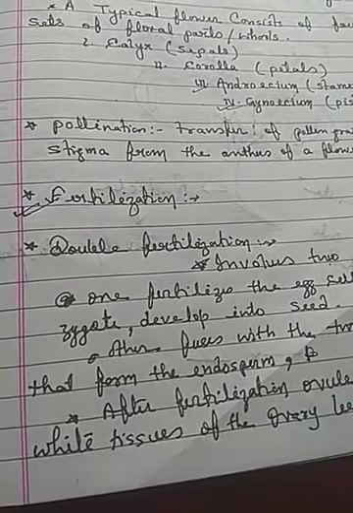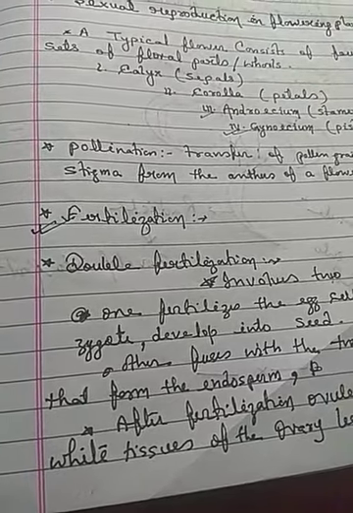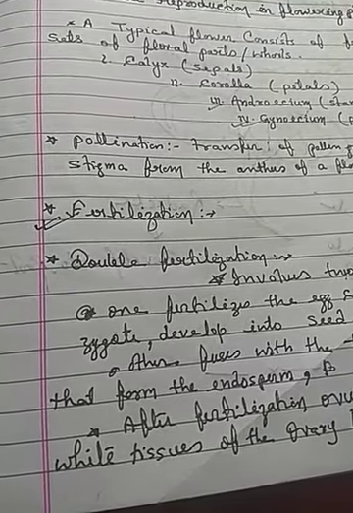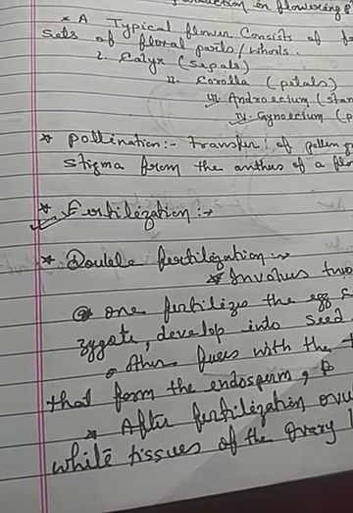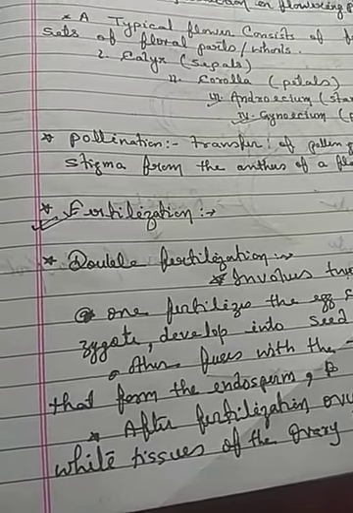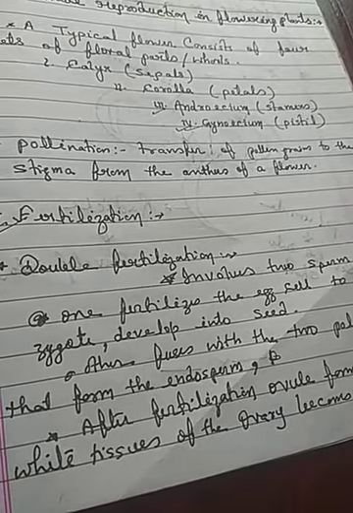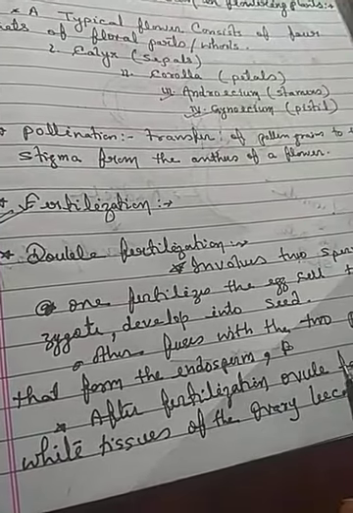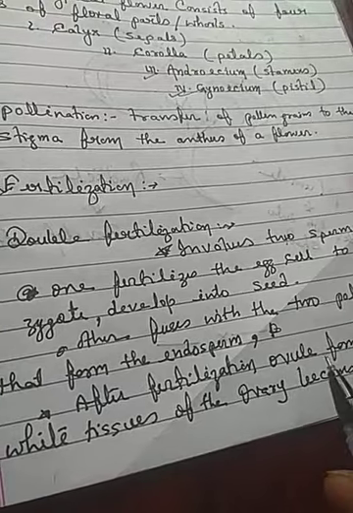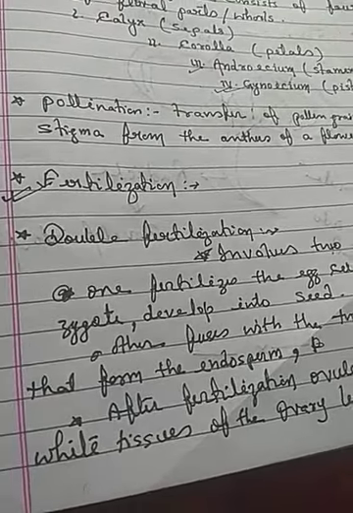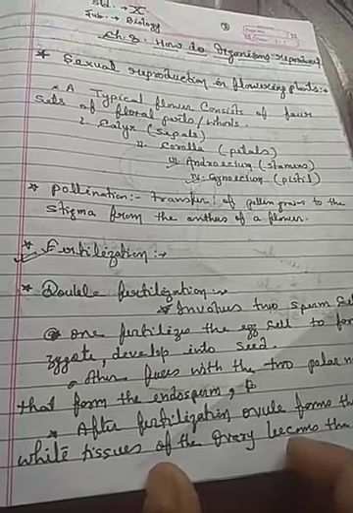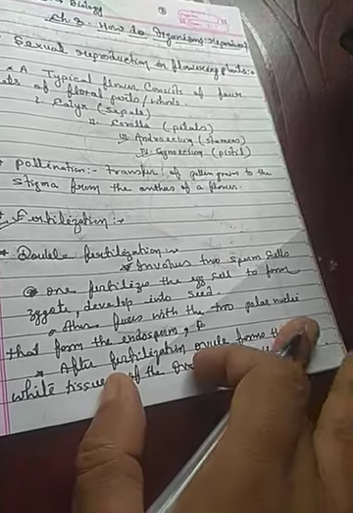It means double fertilization is the fusion of two male gametes inside the ovary. One fuses with the female gamete, the ovule, and another fuses with the two polar nuclei. The first one fuses with the female gamete and develops into seed, and the other develops into fruit. It means the ovary develops into fruit and the ovule develops into seed.